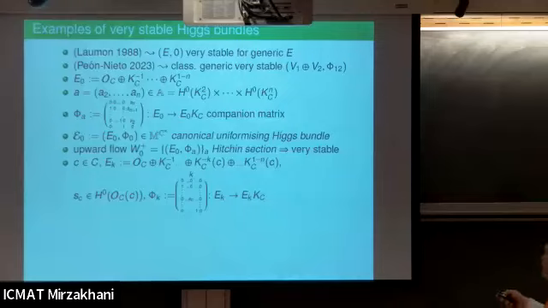And then again, these twists are chosen so that they will fit together to give us a nilpotent Higgs bundle. And this Higgs bundle will turn out to be the Hecke transform of the canonical uniformizing Higgs bundle.